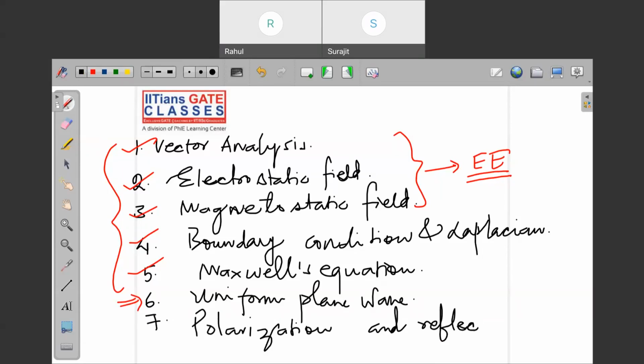Okay, so whenever an electromagnetic wave goes from one medium to another medium, or whenever it is incident on a certain interface, what kind of phenomena happens?